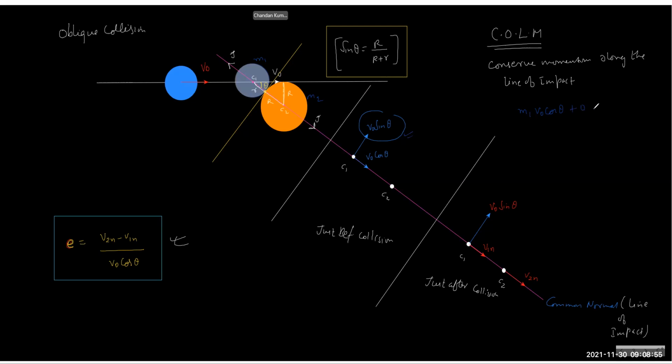The second is 0 because it was at rest. And after collision, it will be M1 V1N plus M2 V2N because I'm taking both in the same direction. So we have equation 1 and equation 2, and then you're done. So we're done with the two-dimensional collision. This is how we proceed. Again, I'm not solving the question.